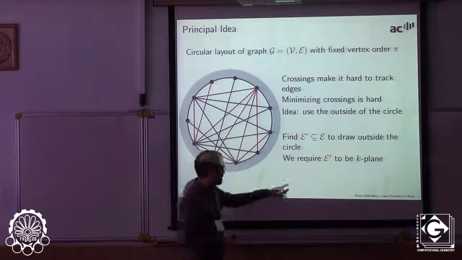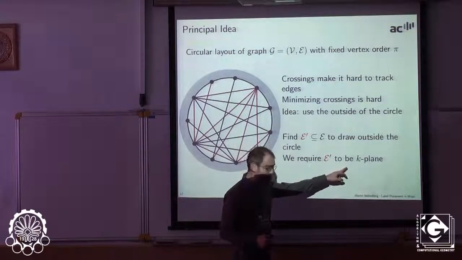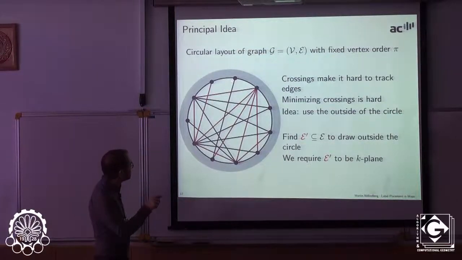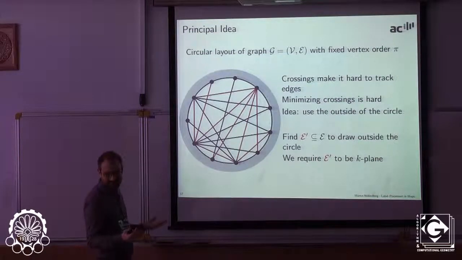And now the condition is that the edges in the outside, they have some kind of disadvantage because they make a big detour. If you want to connect like 2 opposite nodes with an outside edge, you have an arc of basically half the perimeter of the disk, whereas the straight line would just be the diameter. So in some sense, they are already harder to track.